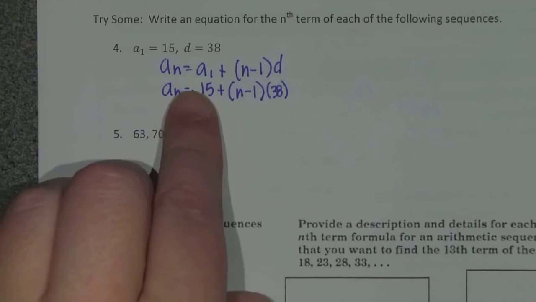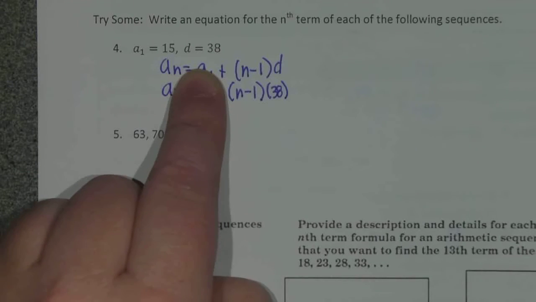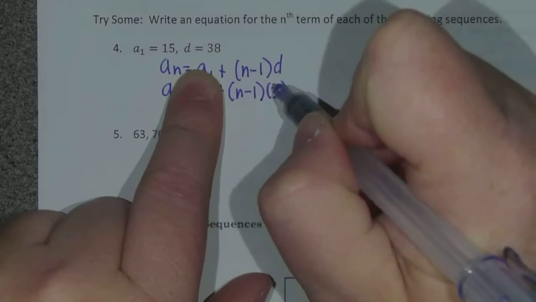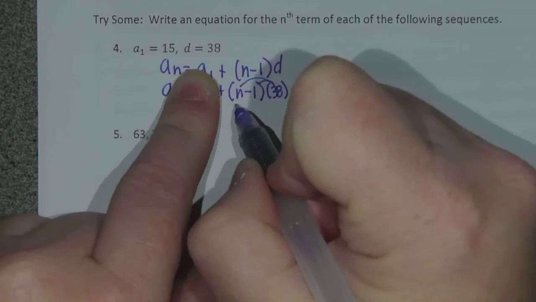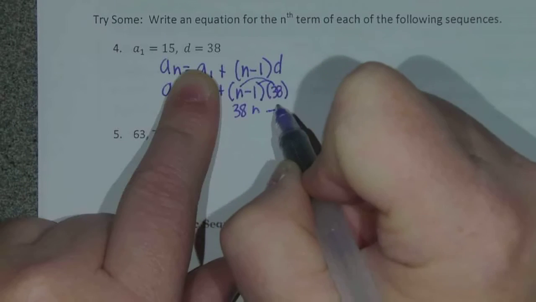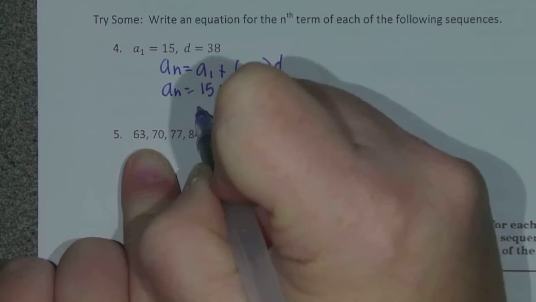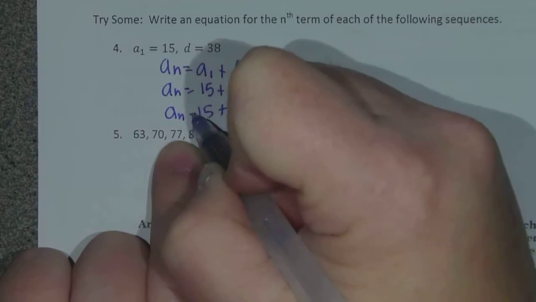Well, this is attached by addition, so we're going to forget about it for just a minute because we always do multiplication first, right? So I have to multiply that 38 through to both parts there. What do I get when I go to the n? 38. Yep. And what do I get when I go to the -1? -38. Yeah. I still have that 15 up front. And can we simplify that now?